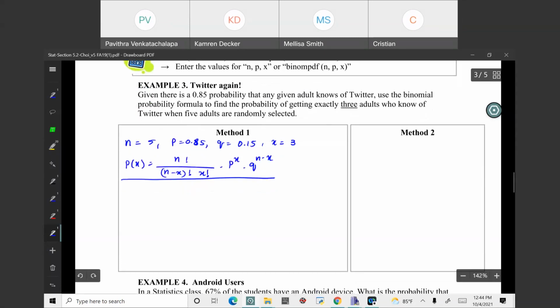Now just plug in those values to the formula and find the answer, divided by 5 minus 3, the whole factorial.